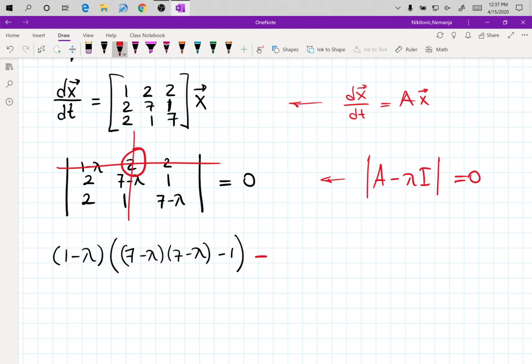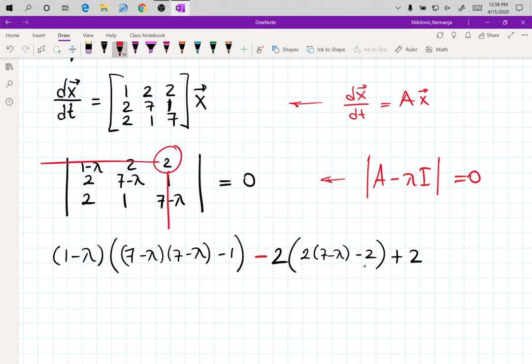So minus 2, and in parentheses I have 2 times 7 minus lambda, minus 2. Finally, plus 2 when I work out the third one, and over here I have 2 minus 2 times 7 minus lambda, equal to 0. That's it.